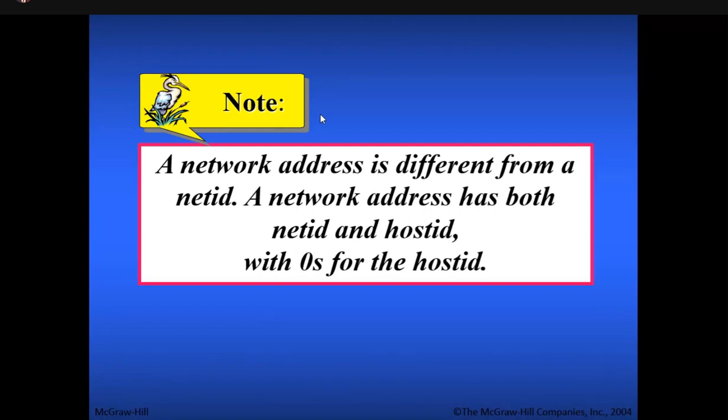We replace all of the host ID with zero, and this will be the network address. This is the difference between network address and net ID. The network address has both net ID and host ID, but we make the host ID zero.